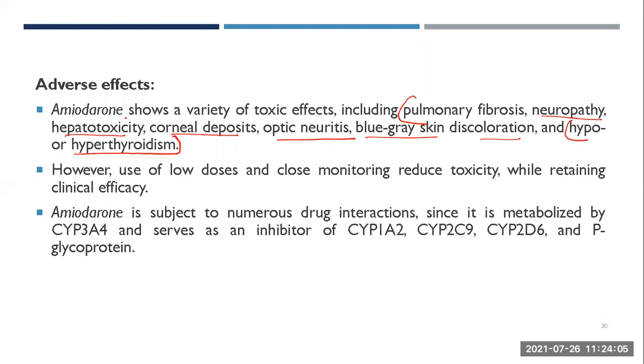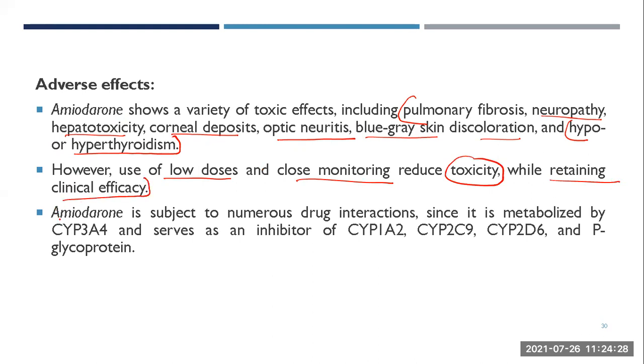Okay, as it has a thyroxine-like structure, that's why it causes hypo or hyperthyroidism. Okay, so use of low doses and close monitoring reduces the toxicity while retaining the clinical efficacy.